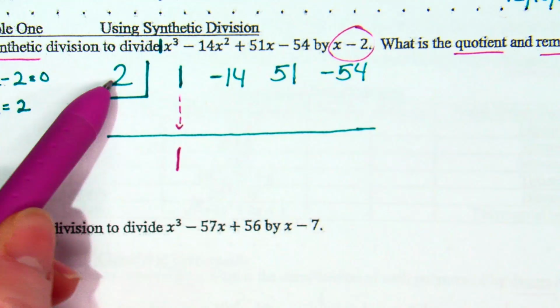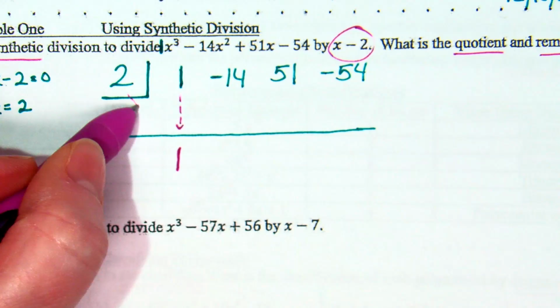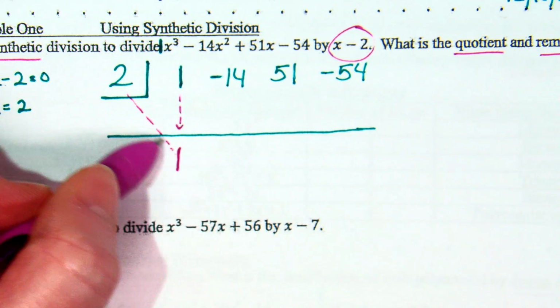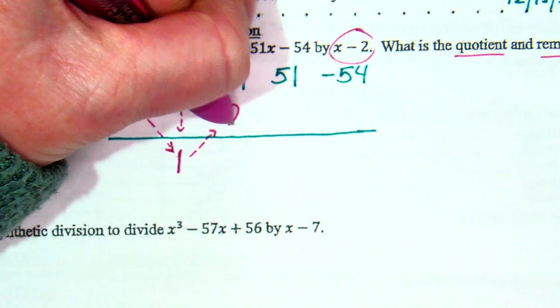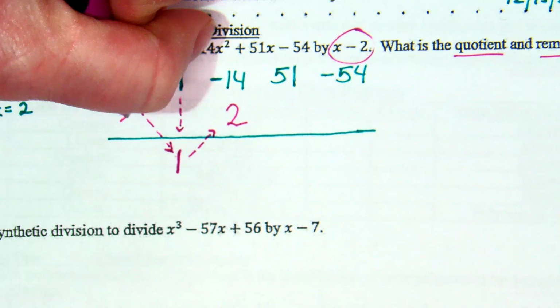Your multiply always goes back and uses the 2. So I'm going to take the 2 that's in the box. I'm going to multiply it by my number on bottom. 2 times 1 is 2. And I'm going to bounce that up above and put it underneath my next number. So it goes underneath the negative 14.